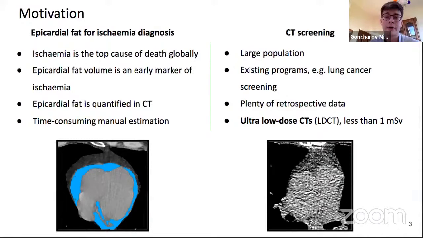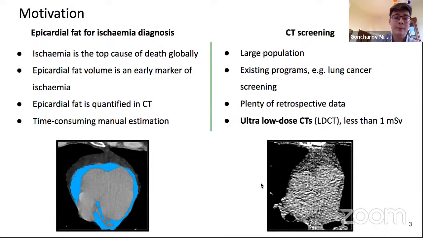Therefore, the specifics of this data is that these are most often ultra-low dose CT images because it is bad to irradiate a large number of patients with a full dose. And you can see an example of low dose CT image in the right picture. So you can see that it is of relatively bad quality.